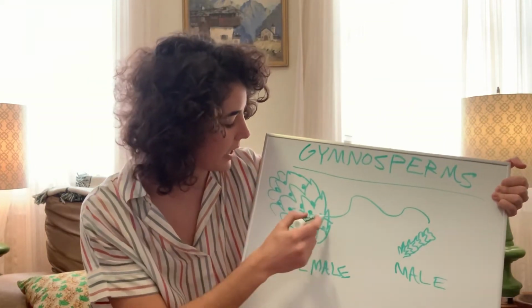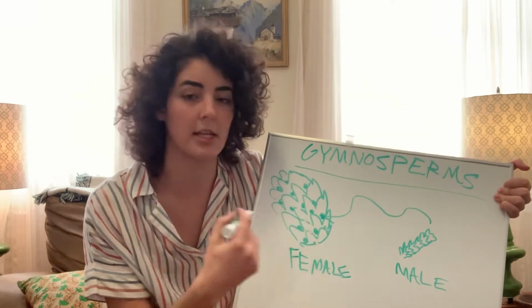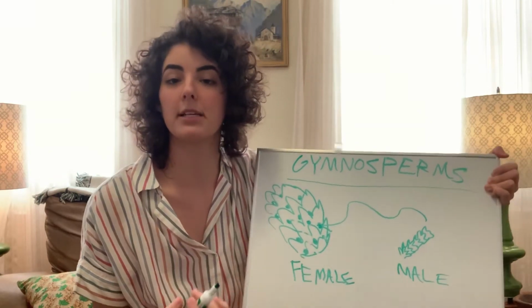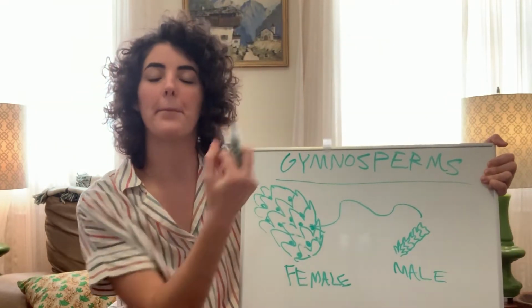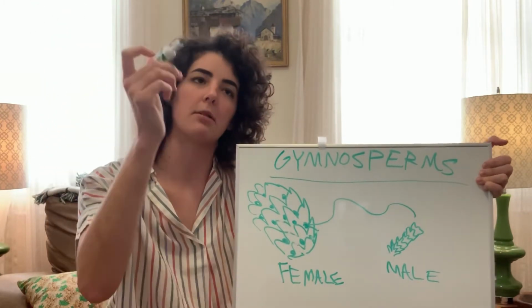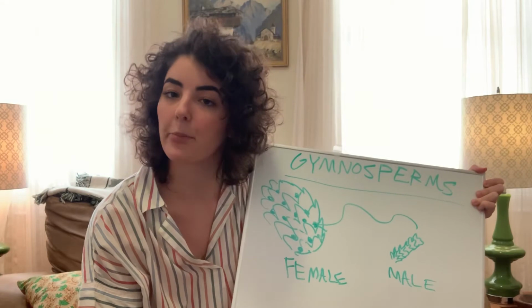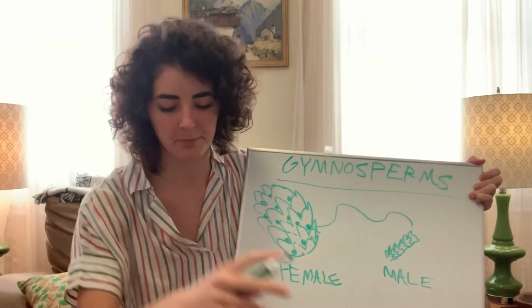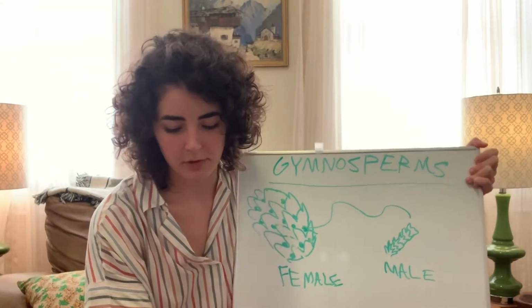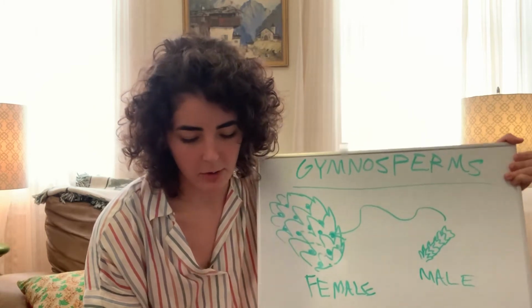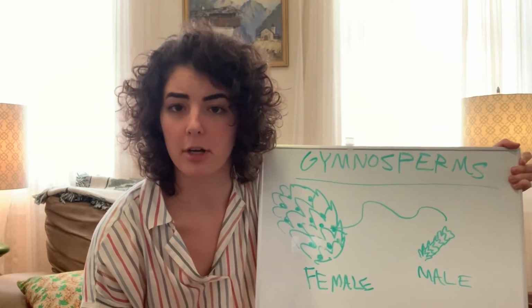So when this whole pine cone is full of fertilized seeds and they are grown and ready to be released, the female cone will open up and release the seeds, and they'll be taken by the wind and the water, and they will find a new place to grow and develop into a full pine tree. So that is how gymnosperm reproduction works.